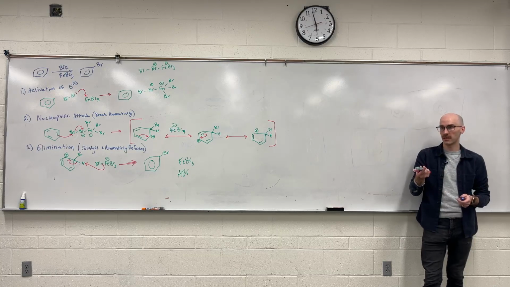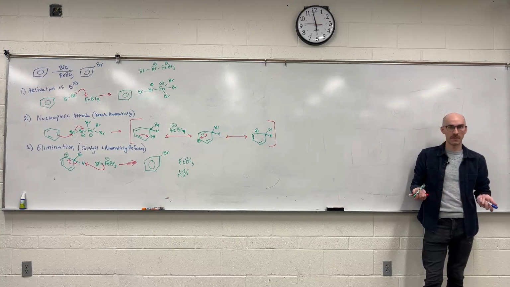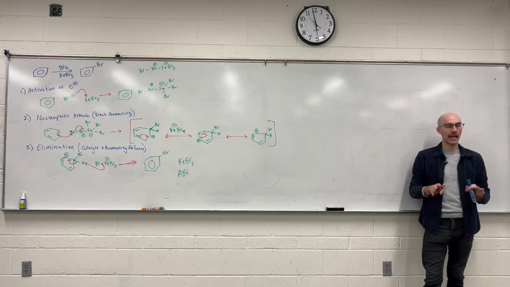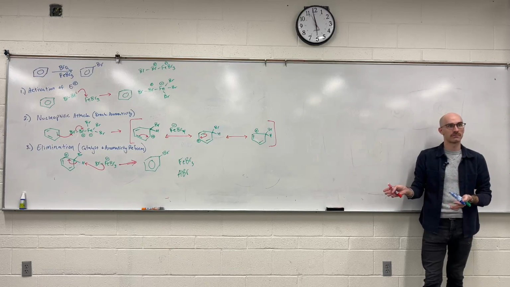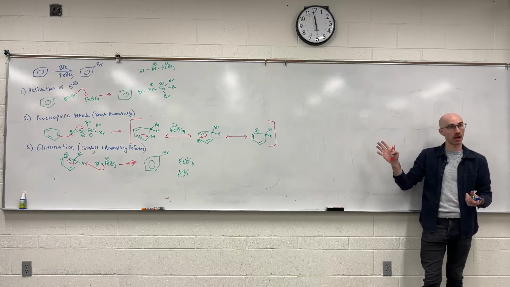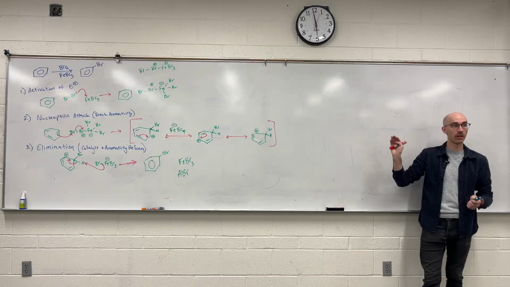I think you already said it. None of them. None of them are the most stable. They're all equally stable. They're all secondary allylic carbocations. Do you agree? They're all secondary carbons, and they're all conjugated. So these are all equally stable.